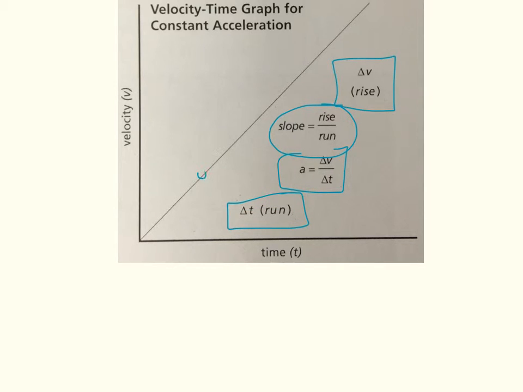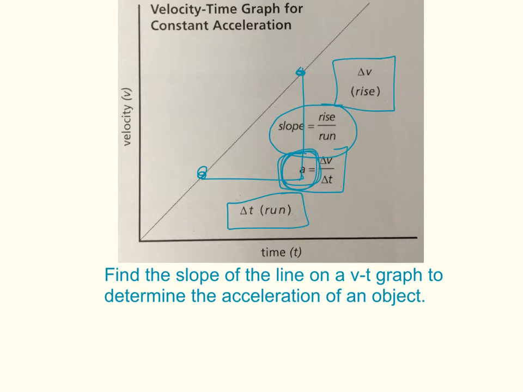So you can find any 2 points on this line because it's a straight line, do rise over run, and you're going to figure out the acceleration of the object. So on a position time graph, the slope tells you the velocity, and on a velocity time graph, the slope tells you the acceleration.